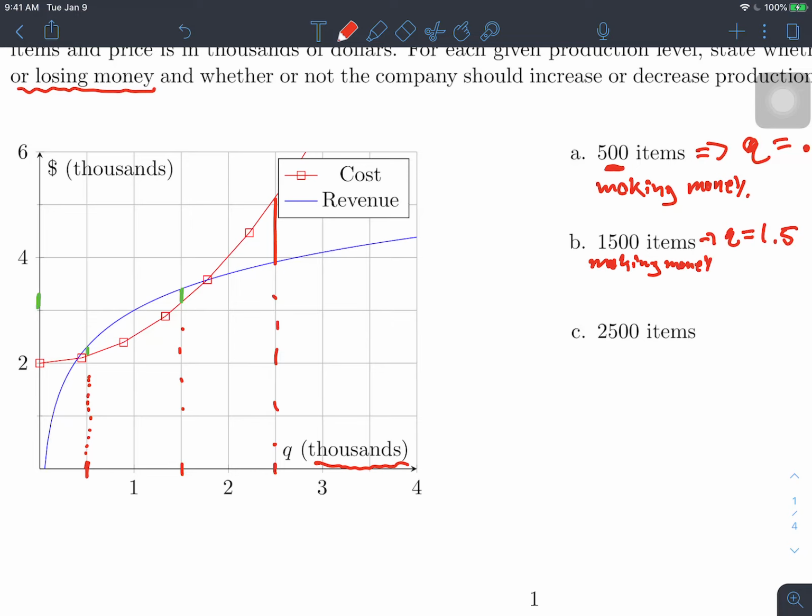Therefore, we're losing money. And this distance here, this red line, let me highlight it with red just to make it extra clear. The distance of this red line here is representing the amount of money which we would lose if we produced 2,500 items. Okay, so we're losing money.